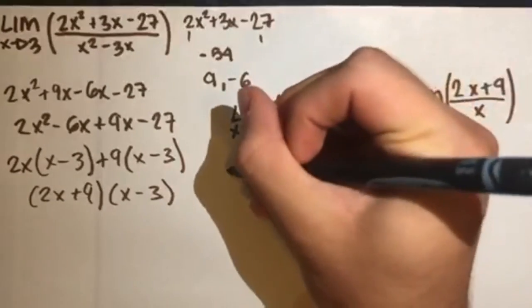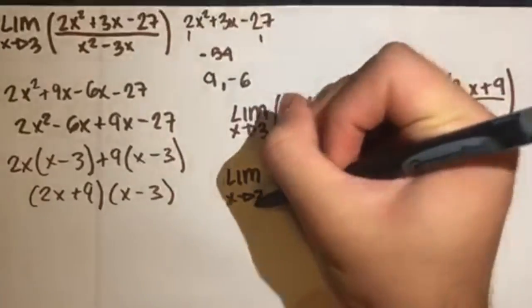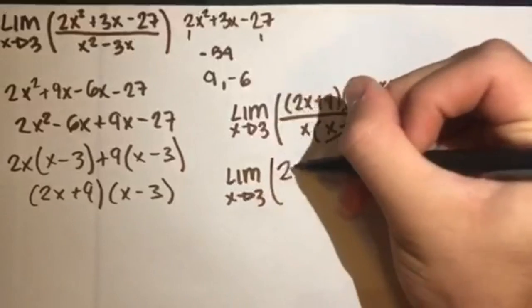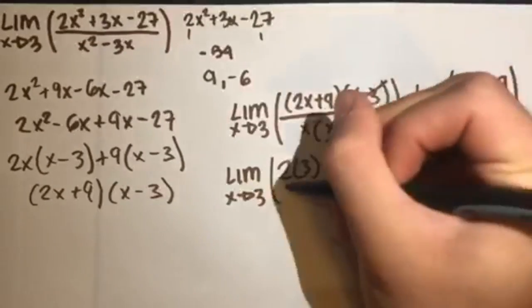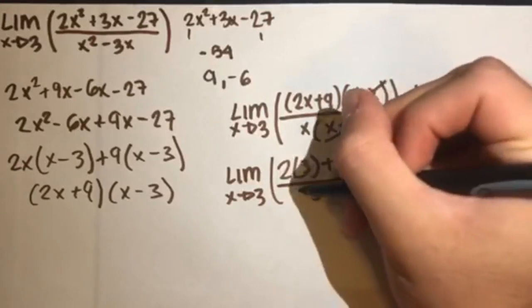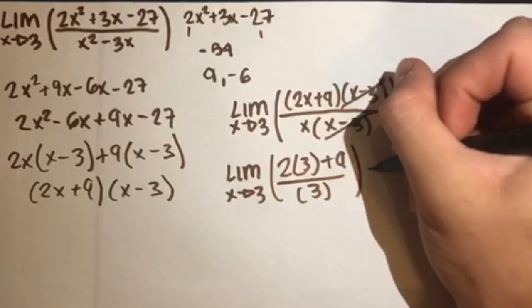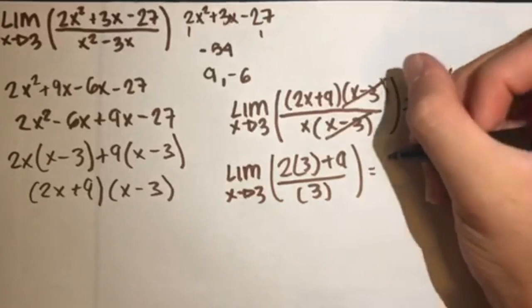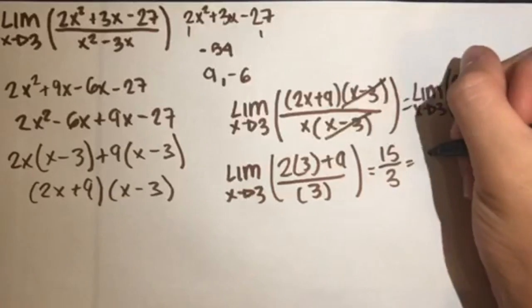We get 2 multiplied by 3 plus 9 over 3, which gives us 15 over 3, which is equal to 5.